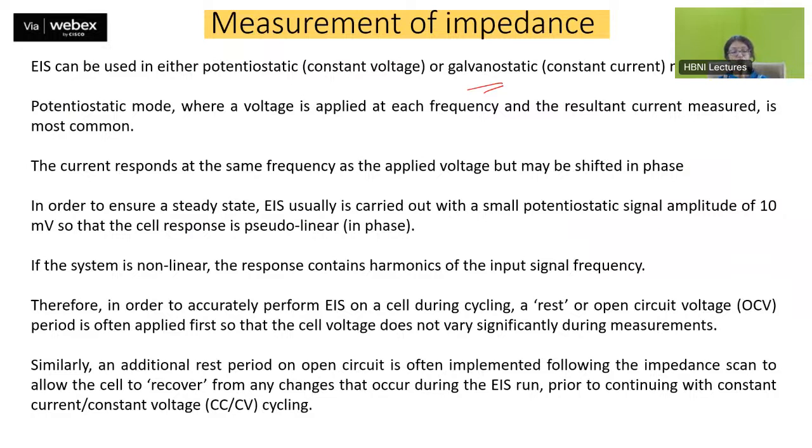Additionally, a rest period at open circuit is often implemented following the impedance scan, so the cell can recover from any changes which occur during the EIS run prior to continuing with constant current or constant voltage cycling. So you always have to give a little bit of rest period. You give a perturbation, a rest, let the material come to equilibrium, and then you start studying it.